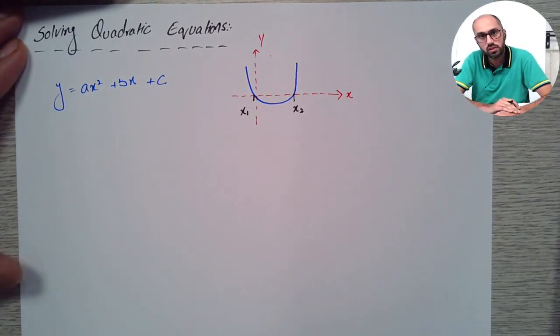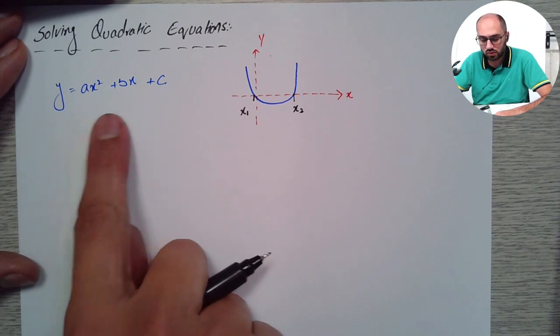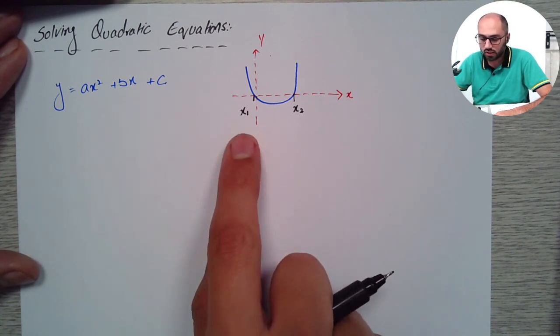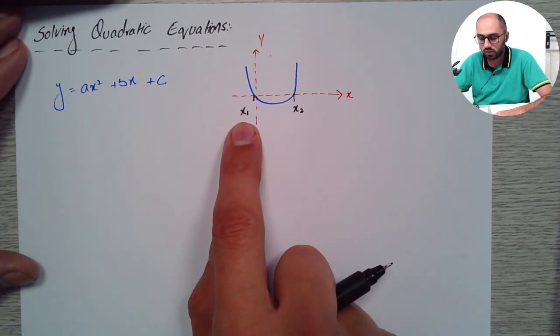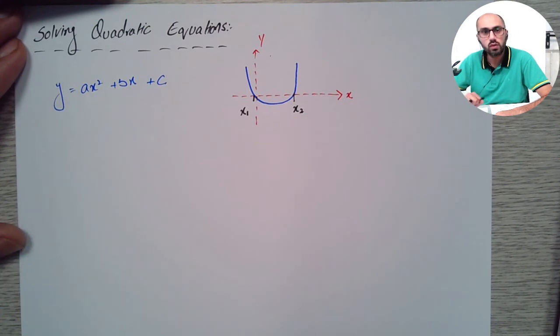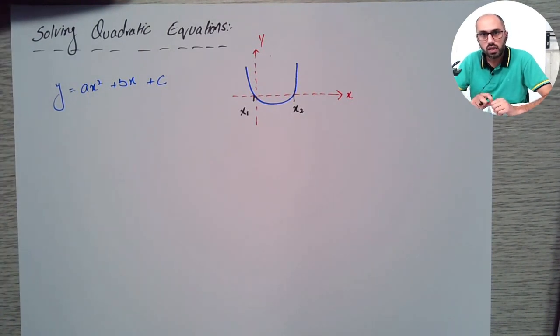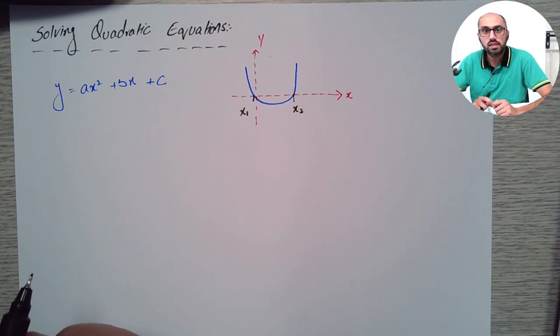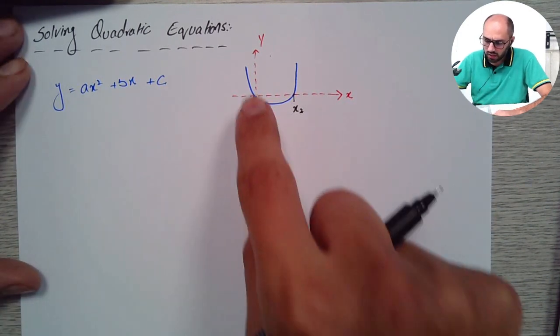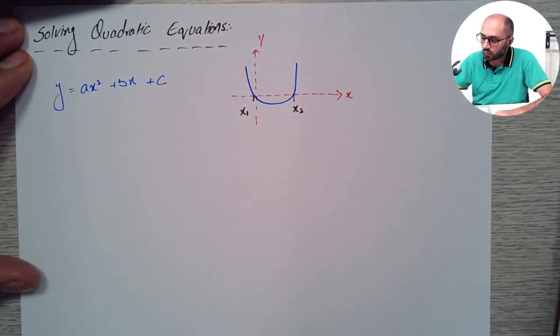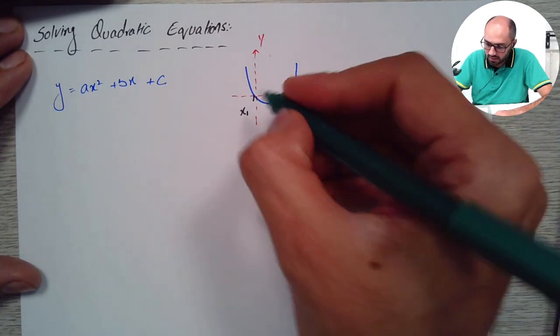So the first reason for solving this quadratic equation is to determine the values of x1 and x2. In other words, we solve quadratic equations to determine the values of x for which the value of y is 0.